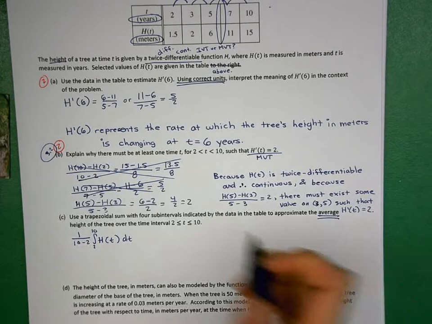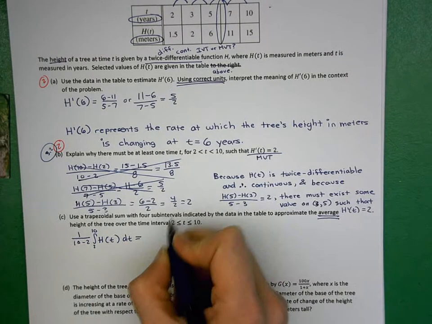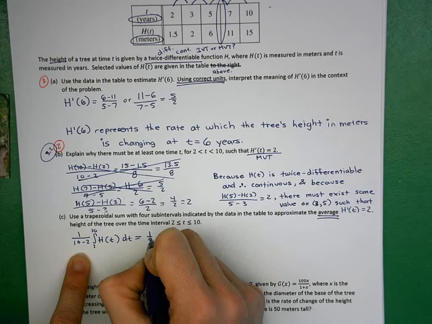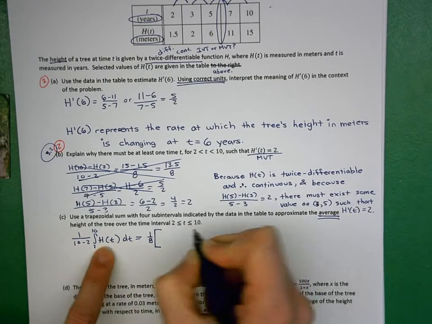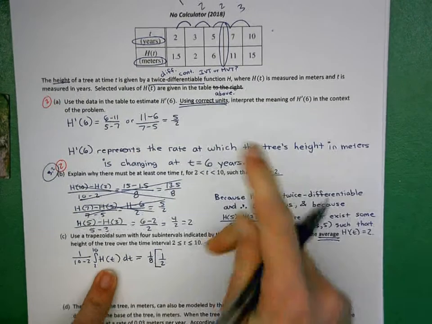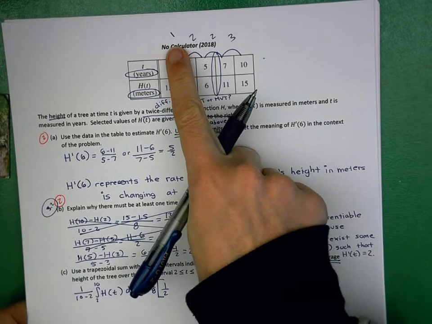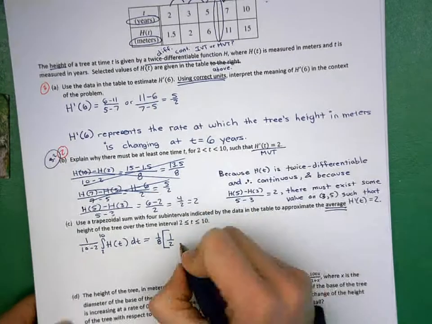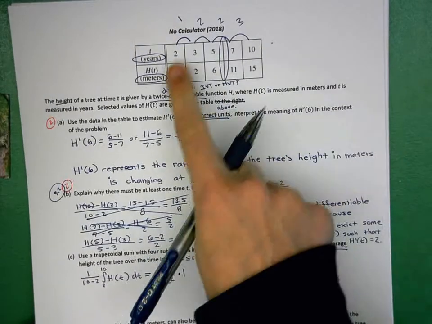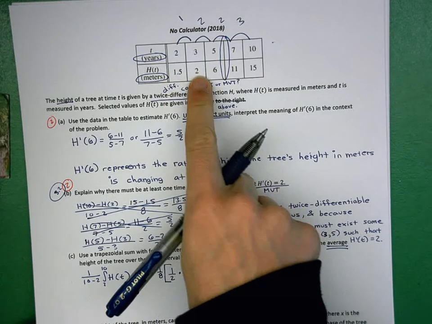So 1 over b minus a is 1/8, and then we've got our trapezoidal sum here, so 1/2. Trapezoidal, remember, is your change, which is your 1 in that first subinterval, and then not the left, not the right, but both, 1.5 and 2.